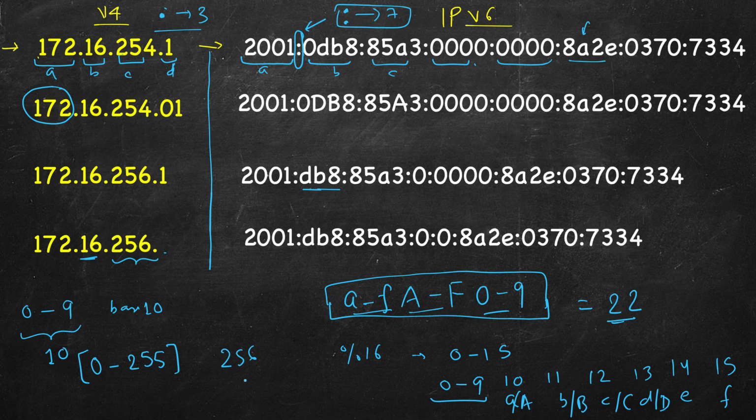If it's 256 or 500 or something like that, any component, then it becomes invalid. And here we will not allow leading zeros. So 01 is not the same as 1. It should be written like this only. The number of digits can be up to 3, since it's from 0 to 255 maximum.